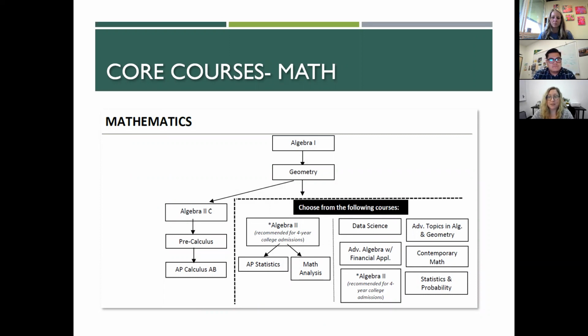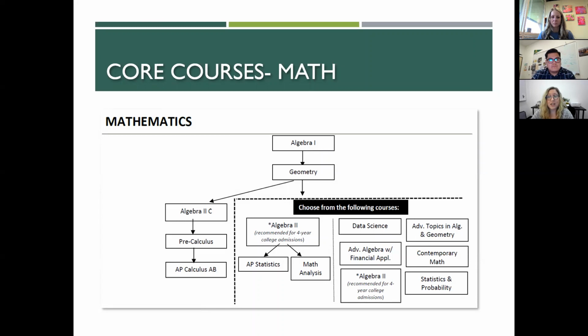Like we mentioned, if you're planning on attending a 4-year college right after high school, Algebra 2 is your next class. And then you could choose to take something like AP Statistics and Math Analysis afterwards. You could also choose to take calculus if that fits into what your career plans are.